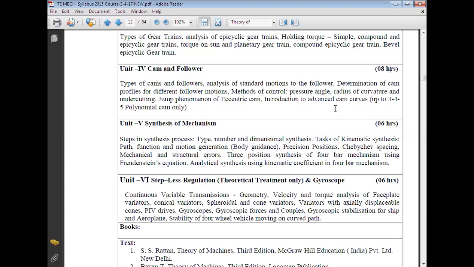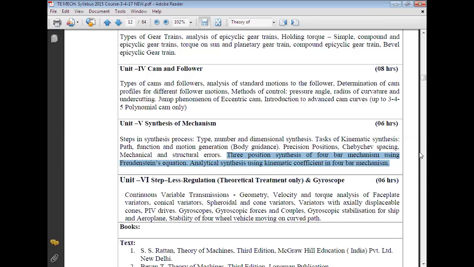In this particular unit, it is based on numerical, theoretical, and graphical aspects. In this portion here, you may be asked to solve the numericals by the graphical way, and in the other portion of the unit, you may be asked theoretical questions or normal analytical numerical questions.